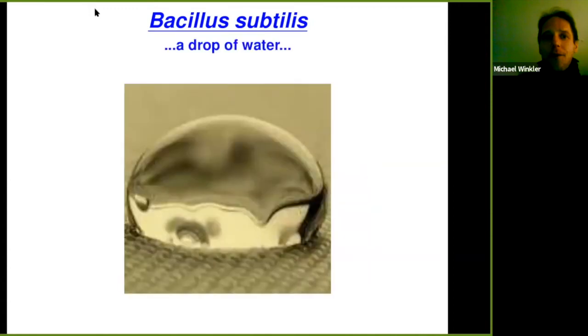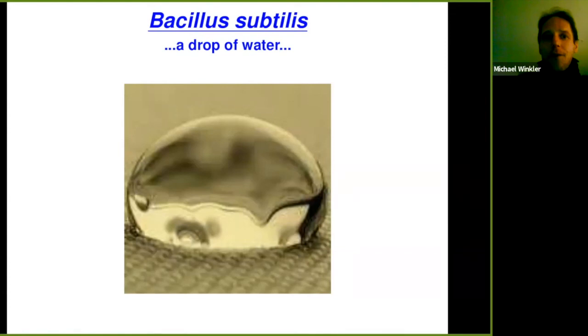And one striking series of experiments conducted with Bacillus subtilis was in the framework of a sessile drop. A drop of water. You see a very big photo here of a very innocent drop, nothing else in there but water and some bacteria.